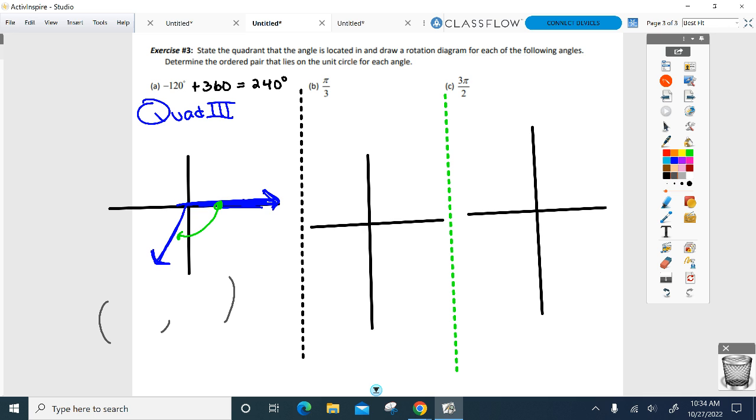All right. Now, where is this point on the unit circle? What's the point? So let's go through the process. 240. You need the reference angle for 240. 60. Now I have to think 60.